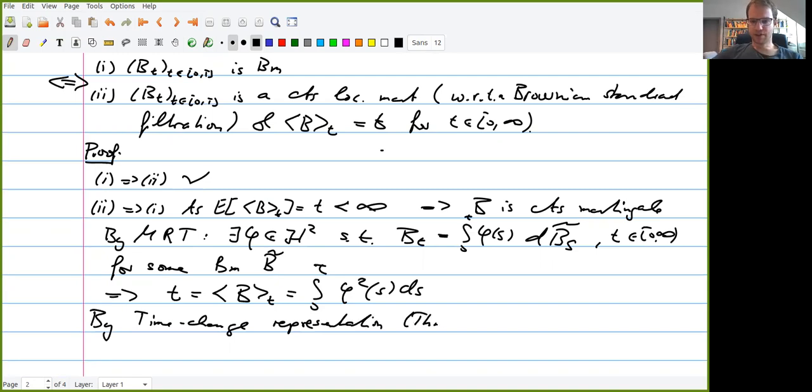It's the last theorem, theorem 6.2, where we know the tau tilde, since the quadratic variation of the Brownian motion is just t, so the inverse is also just t. So this means the time-changed Brownian motion B_tau_t is equal to B_t, which is the Brownian motion.